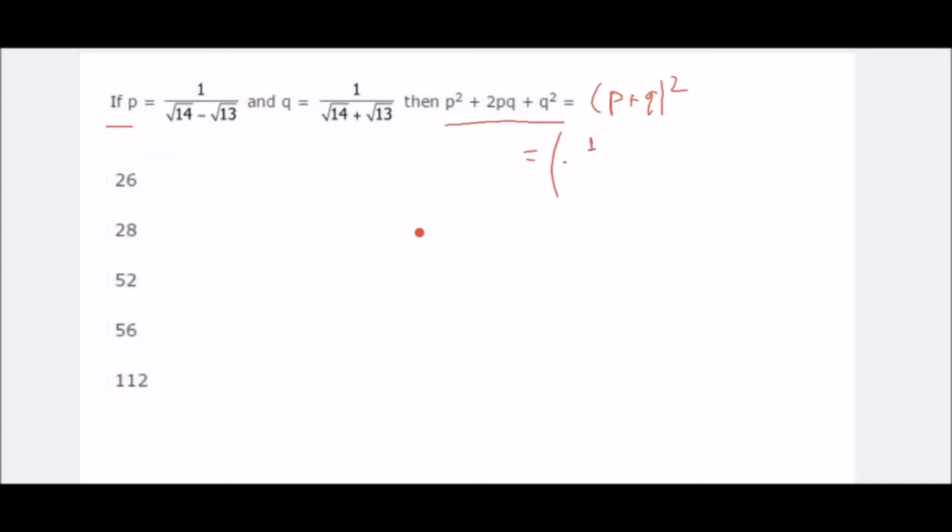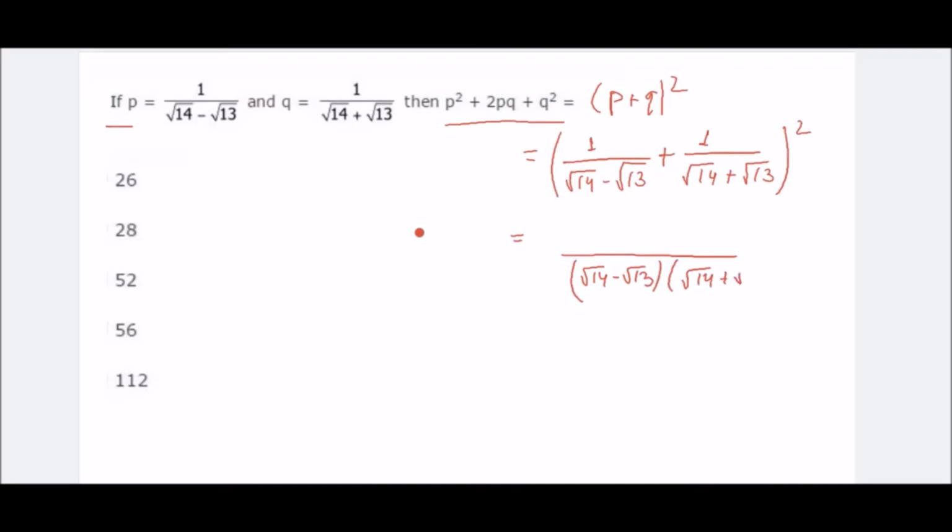P plus Q becomes 1 by root 14 minus root 13 plus 1 by root 14 plus root 13, whole square. So take the common denominator, root 14 minus root 13 into root 14 plus root 13, and the numerator will be root 14 plus root 13 plus root 14 minus root 13.